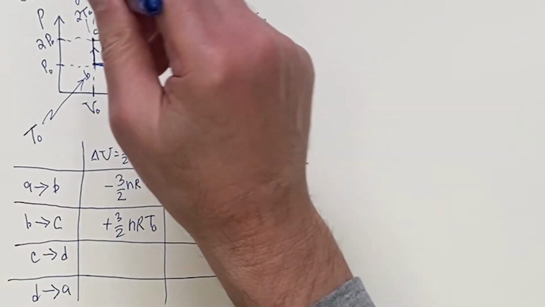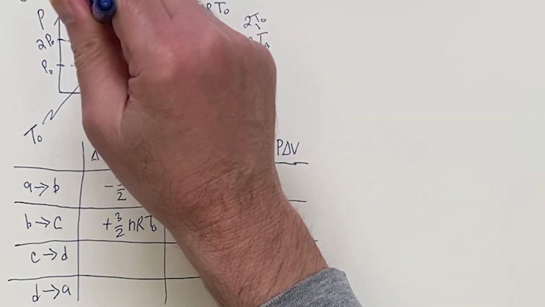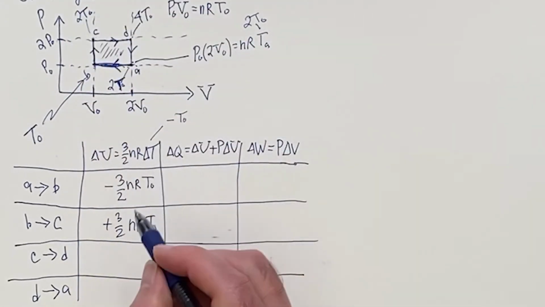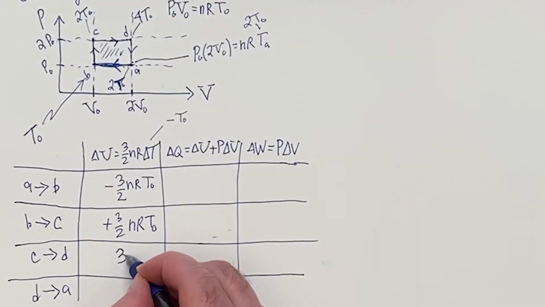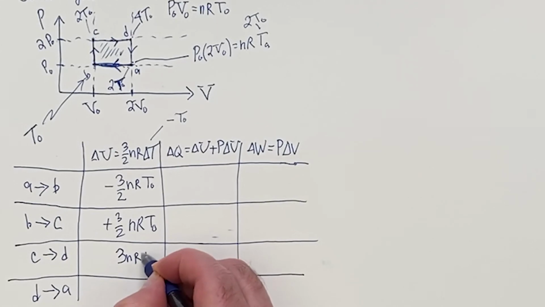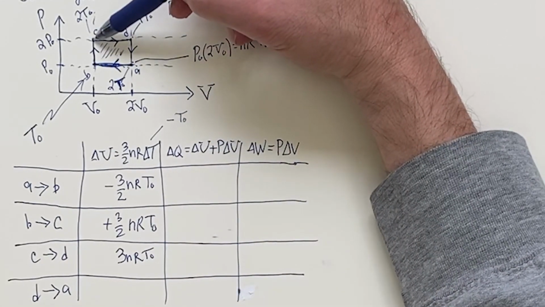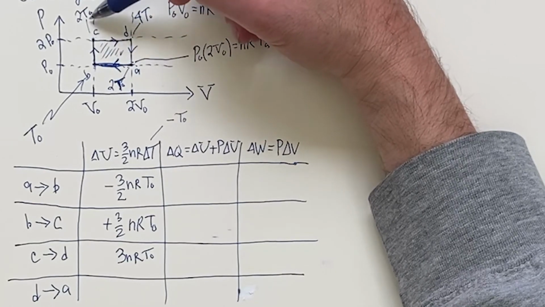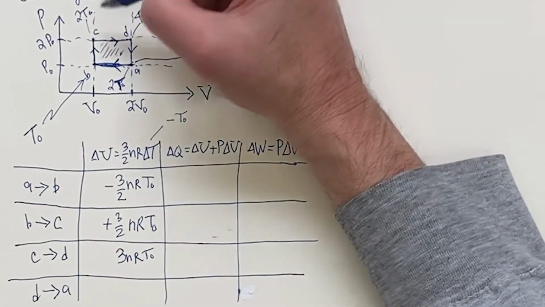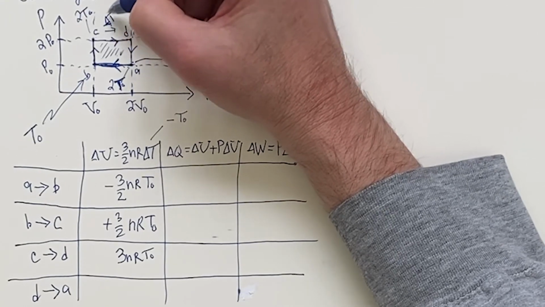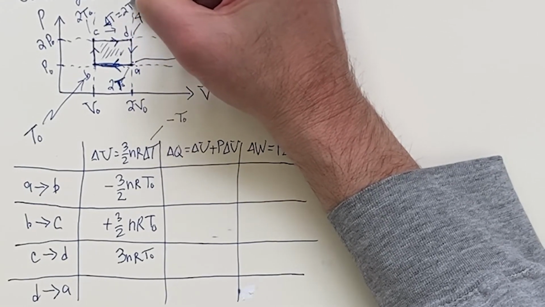Then to go from 2T to 4T is a 2T. So if you put a 2T naught in there, then you'll have a 3 nR T naught. So let's do that one again. To go from C to D, your delta T in going here is going to be equal to 2 T naught.